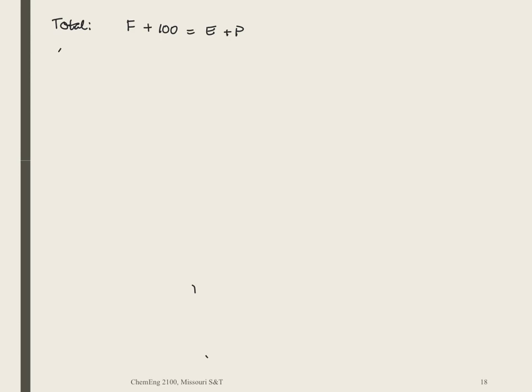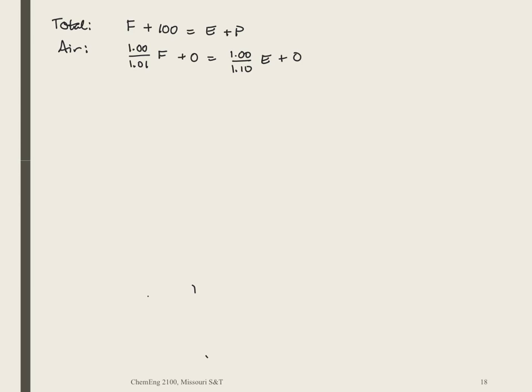If I do an air balance, I'm going to find that 1.00 over 1.01 times F comes in with the air feed. Nothing comes in with the wet material, leaving with the exit of the air is 1.00 over 1.10 times E plus 0 air leaves with the product stream.